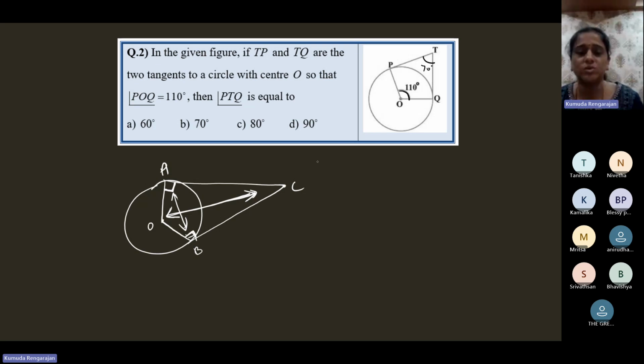Because in MCQs you don't have to show steps, you can just work using supplementary angles. Opposite angles are supplementary in a cyclic quadrilateral.